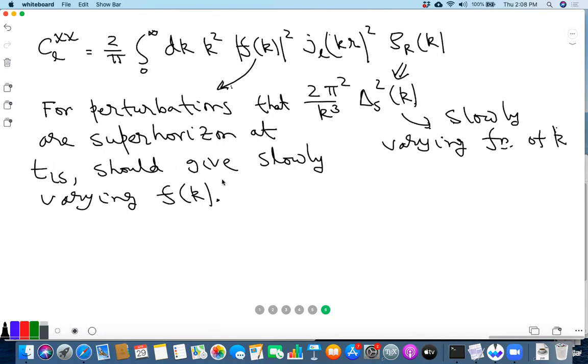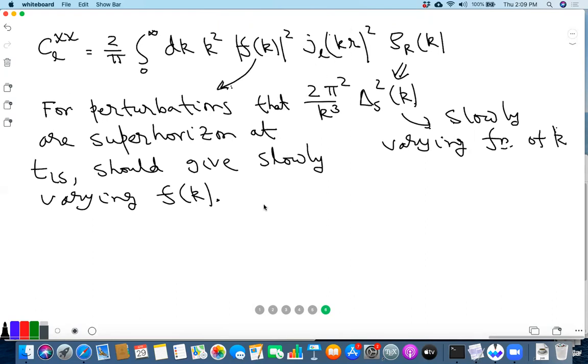For example, ΔT over T, whose major component comes from this Φ_B, gravitational redshift. That Φ_B is just 3/5 times R, so the f of k is 3/5 in that case. It doesn't depend on k in this approximation. In general, we expect f of k to be slowly varying for super horizon perturbations. We'll see that this will change for sub horizon perturbations, but at least for super horizon perturbations, we expect this to be slowly varying.